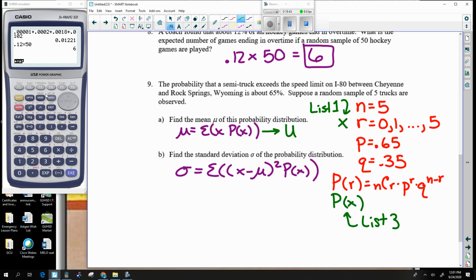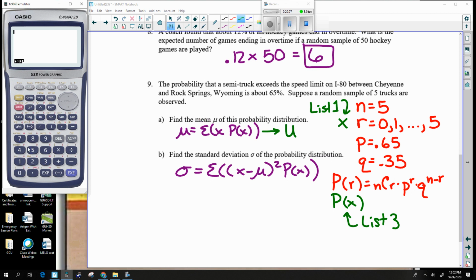So I set this up in my calculator. My R is, or X in this case, is 0, 1, 2, 3, 4, and 5. And where I go from here is I set up this probability.